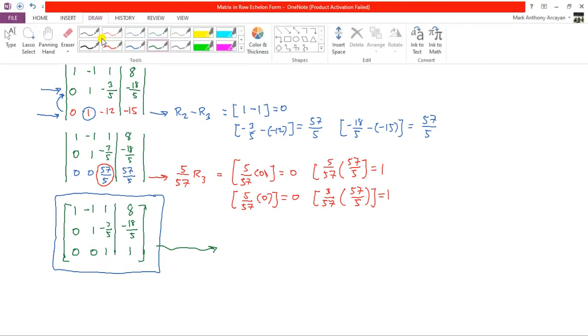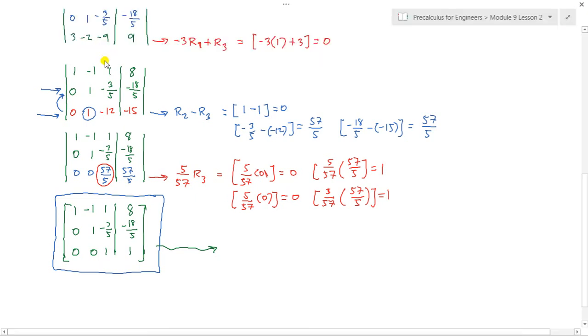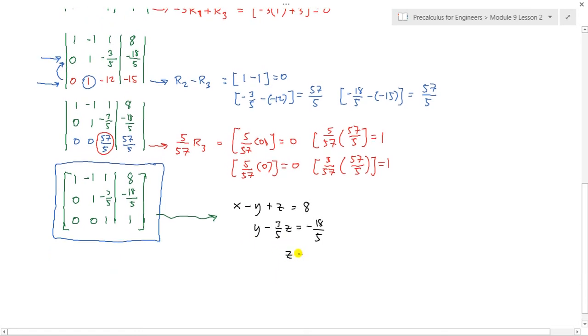The first row is x minus y plus z is equal to 8. Ikaduha is y minus 3/5 z is equal to -18 over 5. The last one we have z is equal to 1. Therefore, our first solution, z is equal to 1.